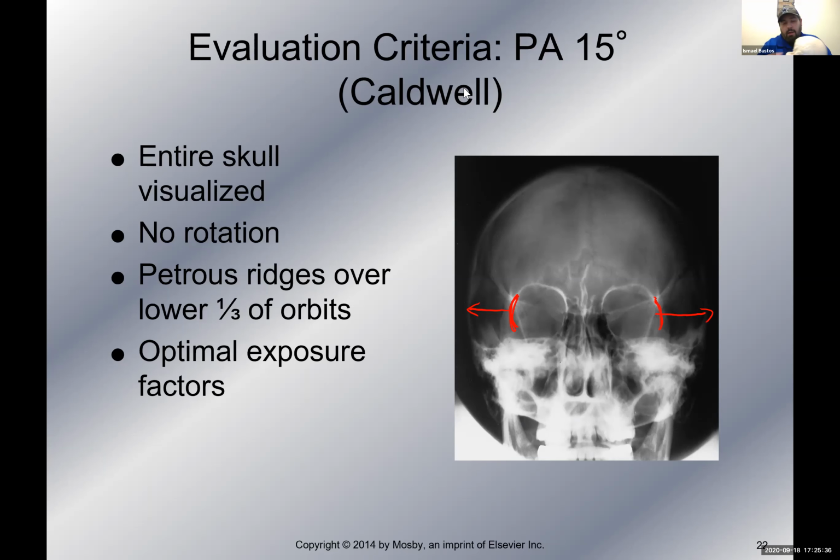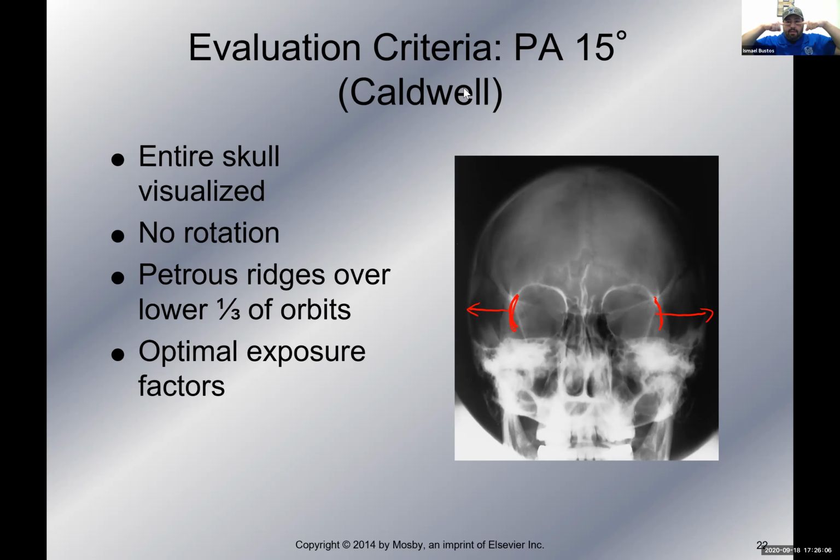Okay. So those are, again, things you need to remember whenever you're positioning the patient, because it's going to be important to determine what do I have to do if I see the ridges going higher or lower in the orbits. One way to do it is, here are my ridges, right? My fingers are my ridges. So if I'm in a PA projection, and I position my patient correctly, OML is perpendicular, here's where my ridges should be with that 15-degree caudal angle.